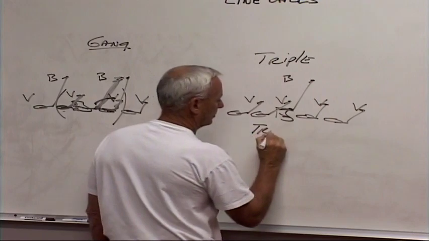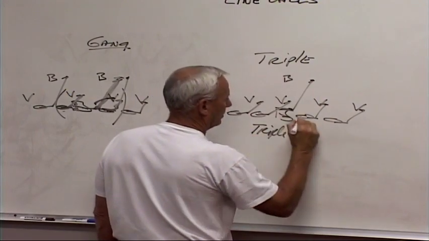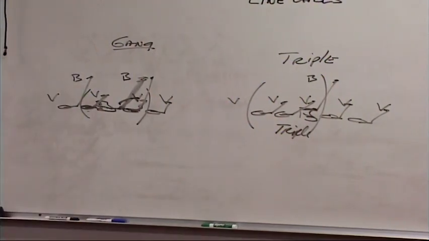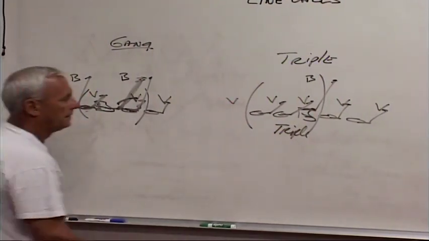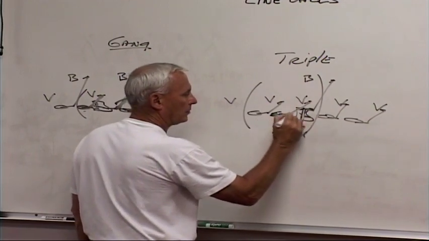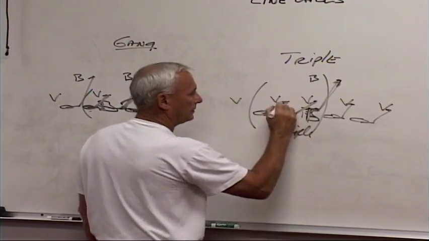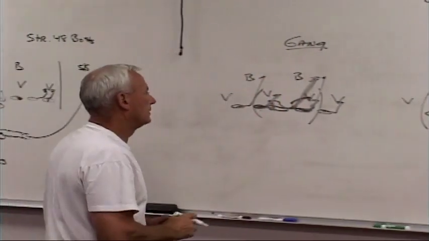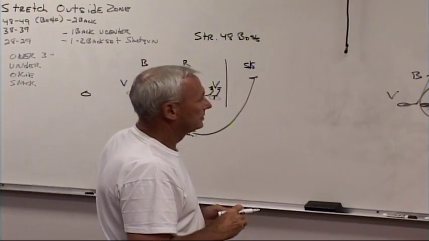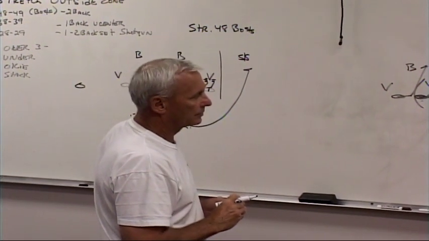That is a triple. 3-man game with the backside 3. That is a triple call. We go, we get it, take it, and go with it. Alright? So we've got gang and triple. Mainly on the stretch play or the zone play.